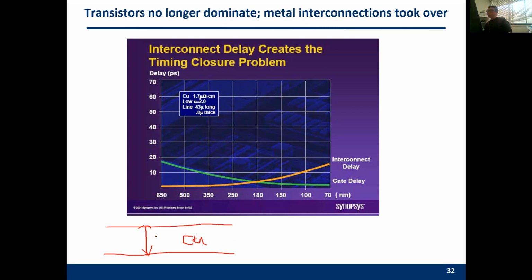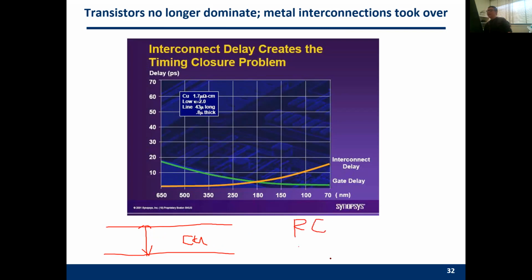So with narrow width, the resistance of the wire becomes larger and larger. The resistance per unit length becomes larger and larger. That's the reason why you have larger RC delay.